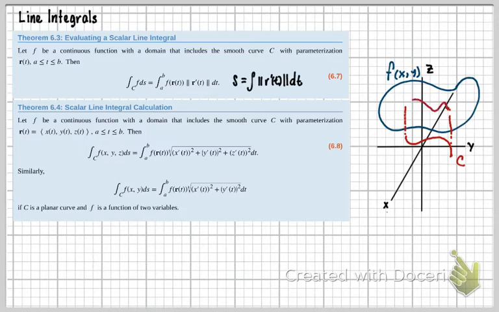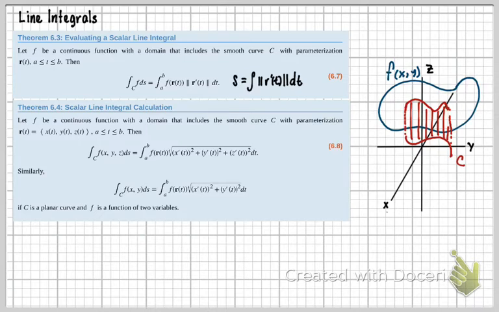It could do a little weird things just because of the way it interacts with that surface. And what we would be computing here is this area. In some books, they refer to that as a curtain, the area of a curtain, because it's being projected up to the surface, and in the process it's creating that area. That area is what we're calculating. So evaluating a scalar line integral is calculating that area above the curve up to the surface of the function.